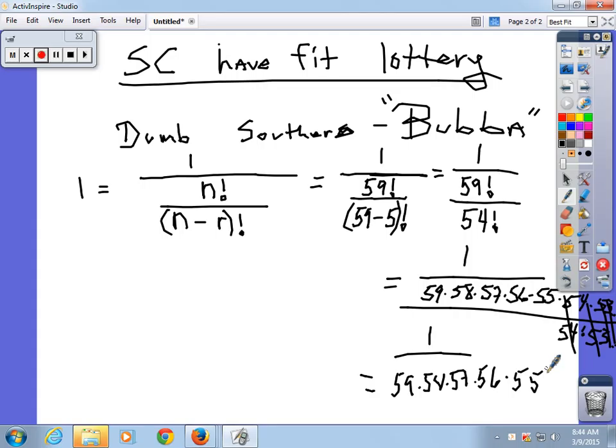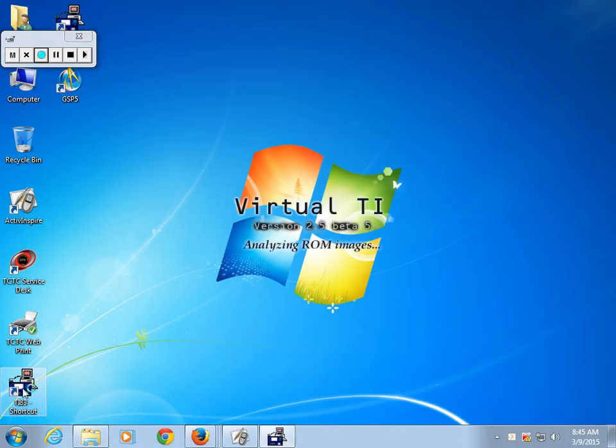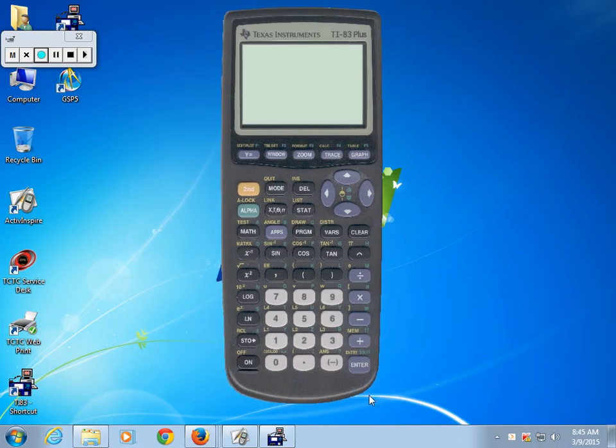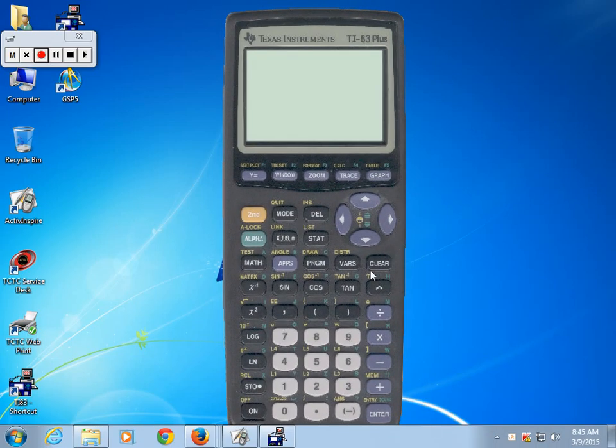Well, you go to your handy dandy calculator. Get it out, get your phones out. And you're going to type 59, then math, probability.